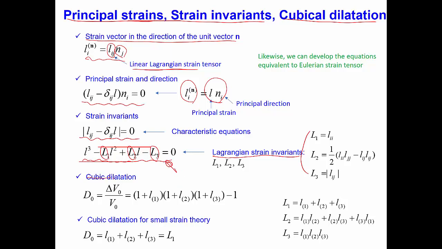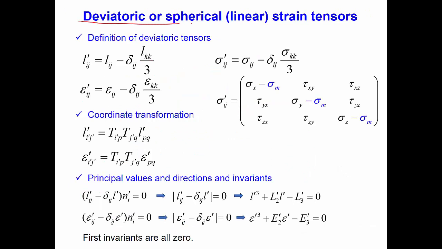Cubical dilatations are defined by these equations. And now let us define a deviatoric or a spherical linear strain tensor and discuss something for the new tensors. This term means the average value of the tensor quantity, that is, the mean value of its normal components.